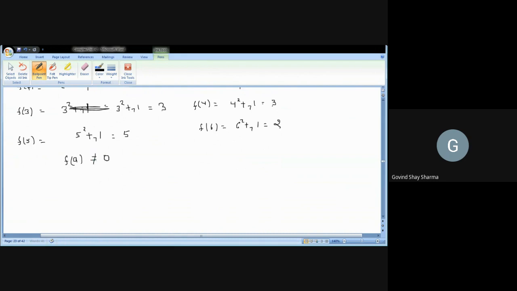So f(a) is not 0 for any a belonging to Z7. So the polynomial here is irreducible.